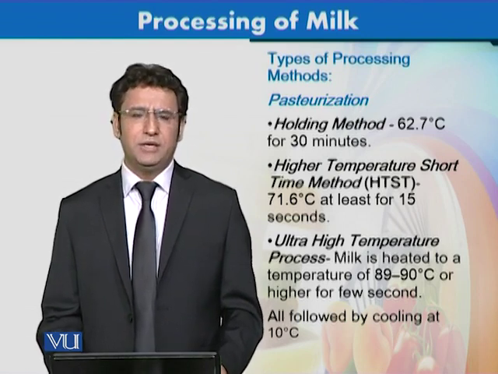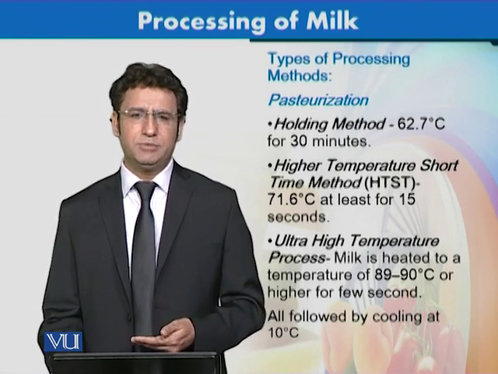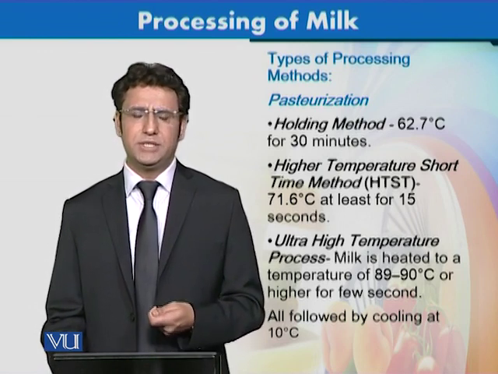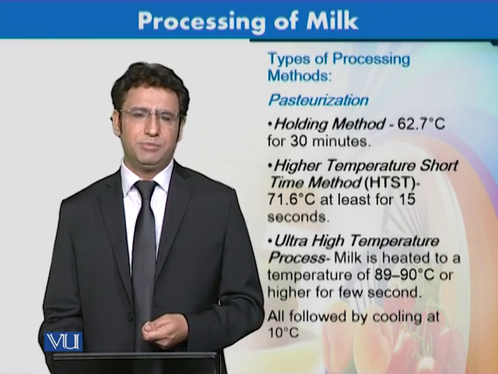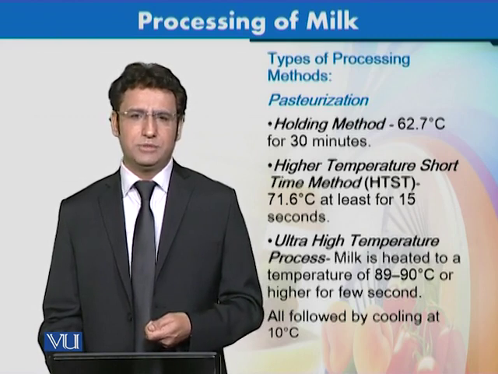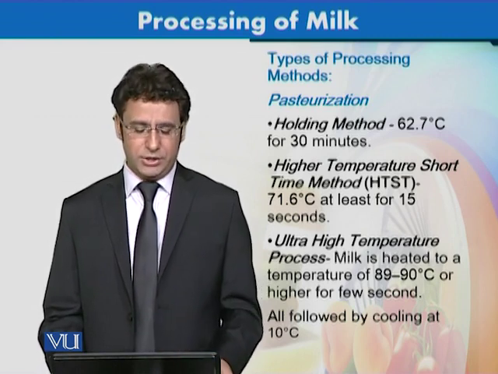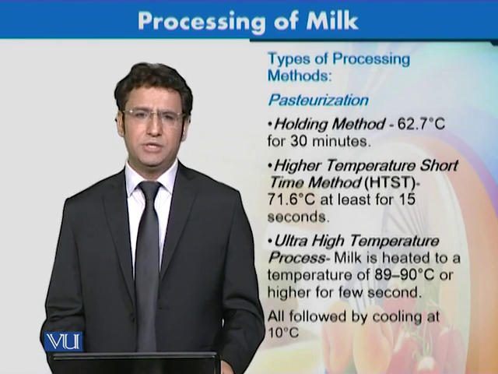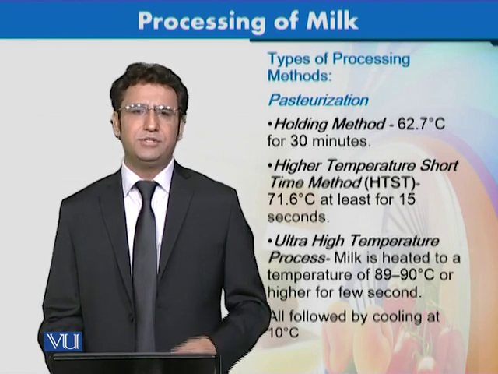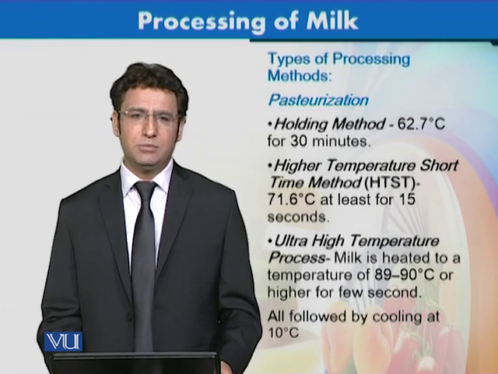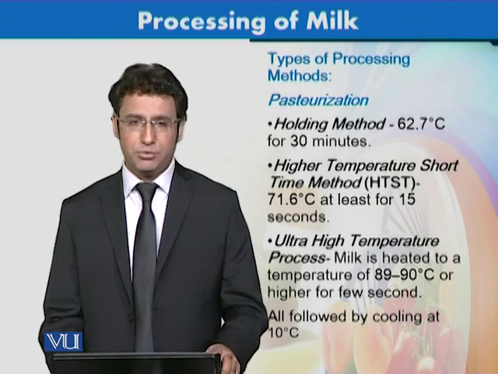One of the essential elements of all these heat treatments is that soon after heating, the milk must be brought down to a low temperature of 10 degrees C, so that the heat treatment does not create denaturation or undesirable effects on the milk proteins.